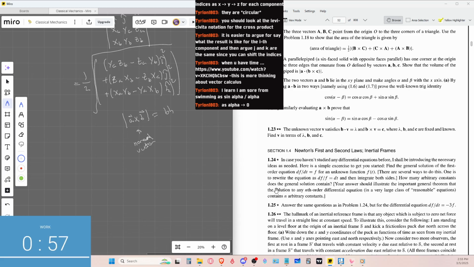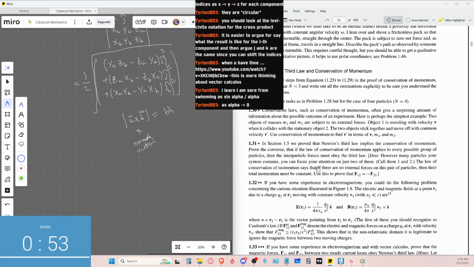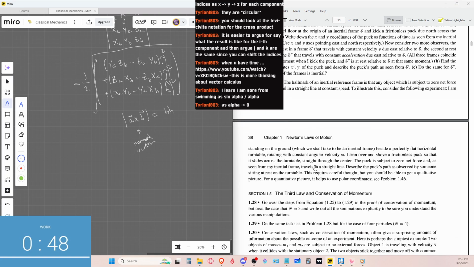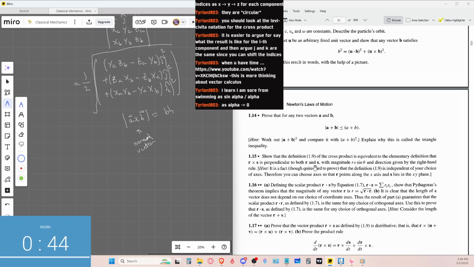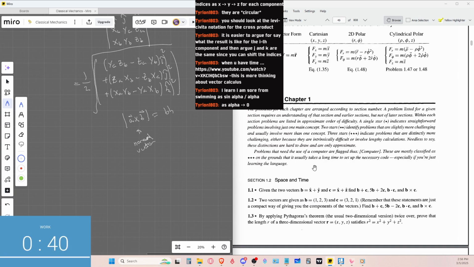Yeah, there's a lot of stuff that we haven't done in this first chapter. We spent so much time just on vectors. Maybe I should have titled it Vectors with Classic Mechanics.